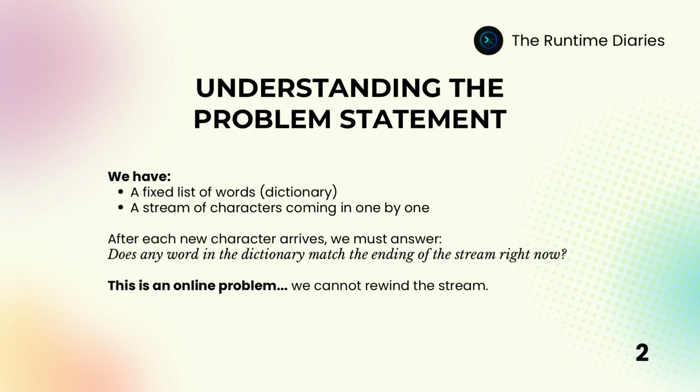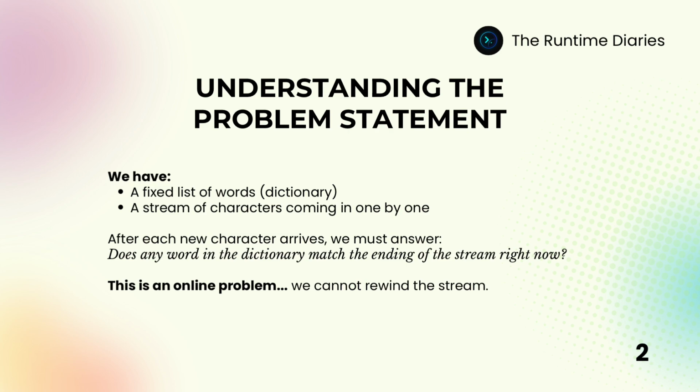So you might get A, then B, then C, then D. After every single new character, you need to answer this question. Does the stream of characters, as it exists right now, end with any word from the dictionary?